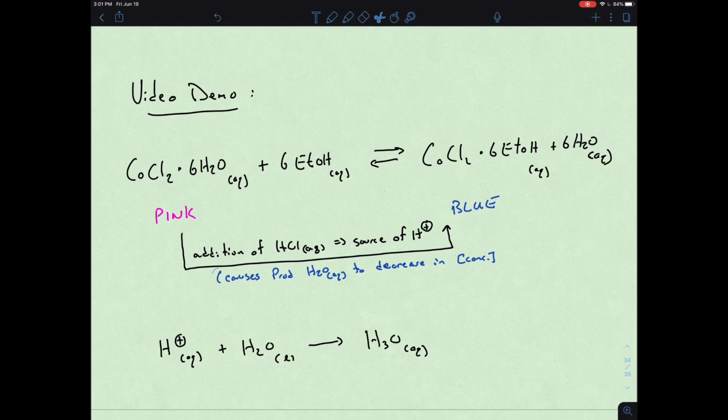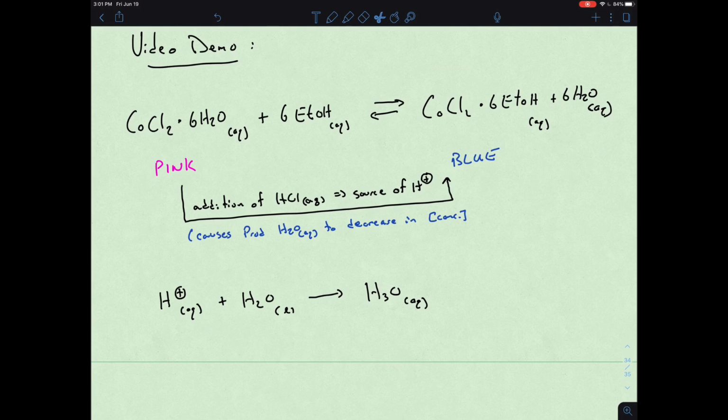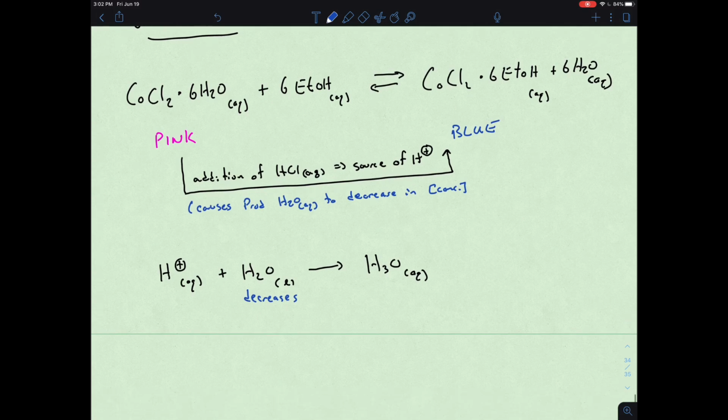So we're causing a decrease in concentration by the addition of this HCl as a result of the addition of acid, and that's a product. We see the 6 H2Os on the product side, and so since we're removing a product, it's causing the equilibrium to shift to the product side.